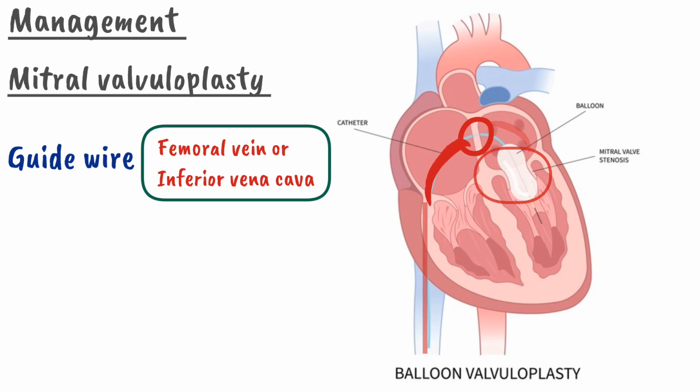Once we reach the mitral valve, we will introduce a balloon catheter. The balloon catheter will advance over the guide wire across the mitral valve, and then the balloon will dilate. When the balloon dilates, it will reduce the degree of stenosis. So in this way, we treat mitral stenosis with the help of mitral valvuloplasty.